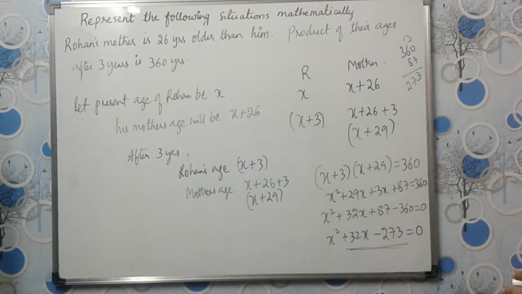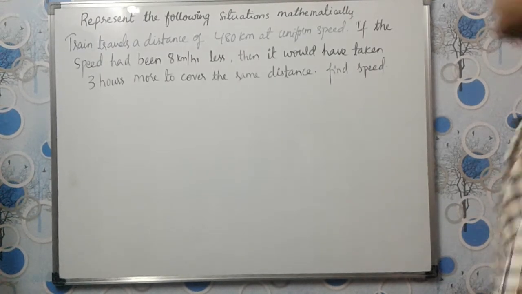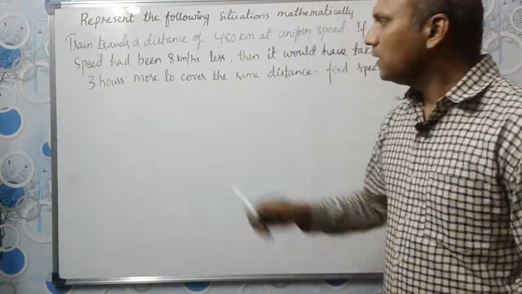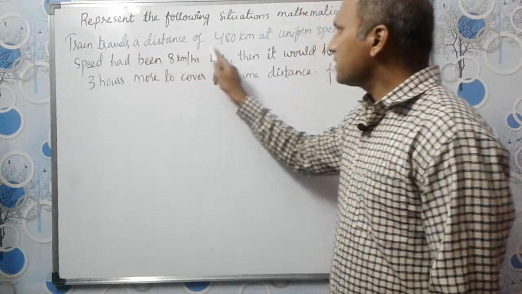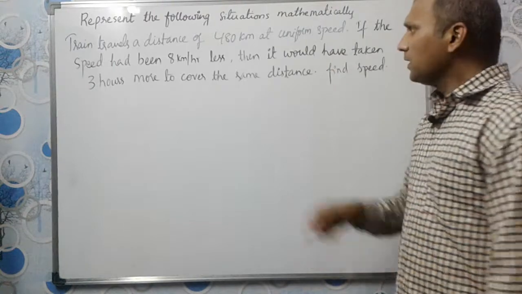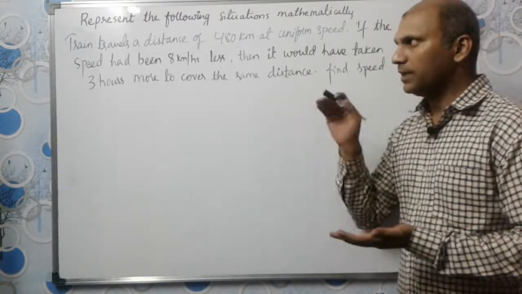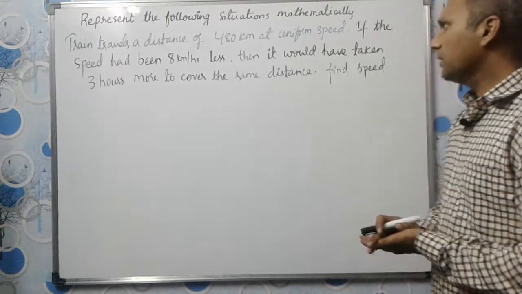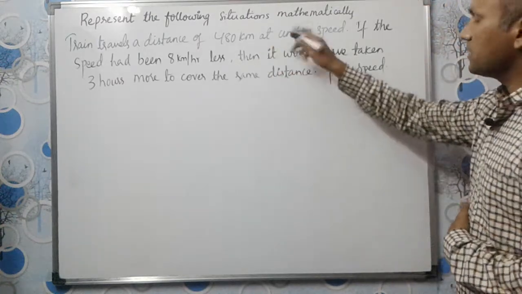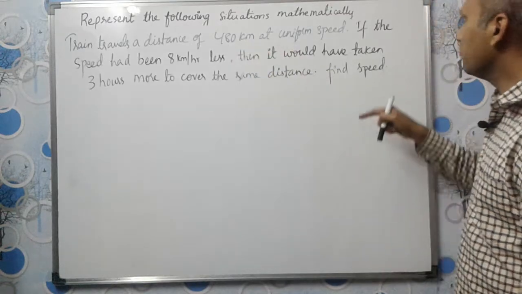Okay, we'll do one more problem and we'll end this video. So we have a question now. A train travels a distance of 480 kilometers at uniform speed. Uniform speed means what? The speed is not changing. The train is maintaining the same speed. We don't know what the speed is, but the distance is 480 kilometers.